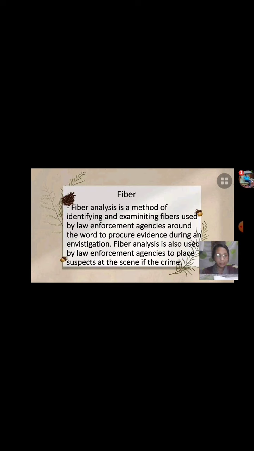Next is fiber. So what is fiber? Fiber analysis is a method of identifying and examining fibers used by law enforcement agencies around the world to procure evidence during an investigation. Fiber analysis is also used by law enforcement agencies to place suspects at the scene of the crime.